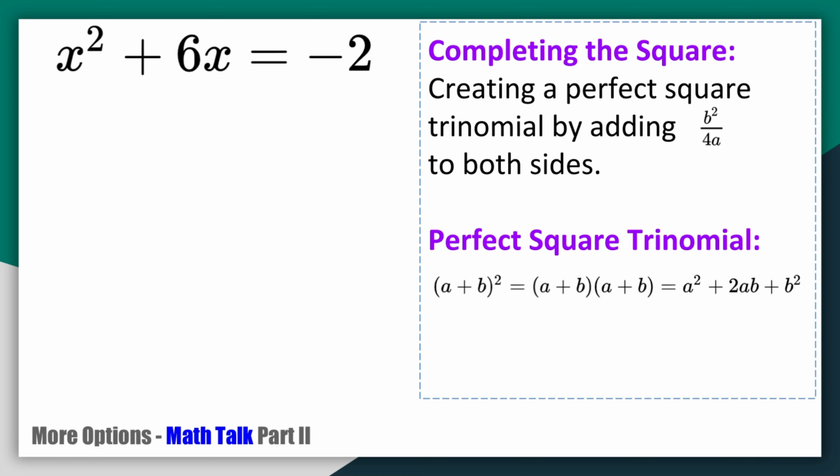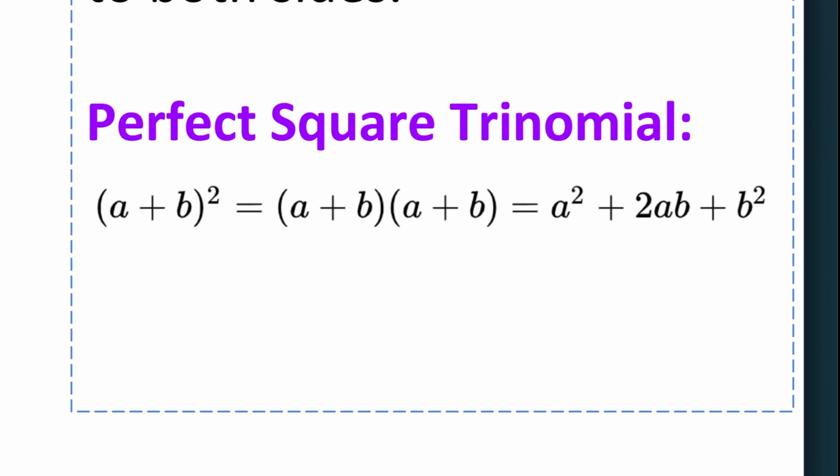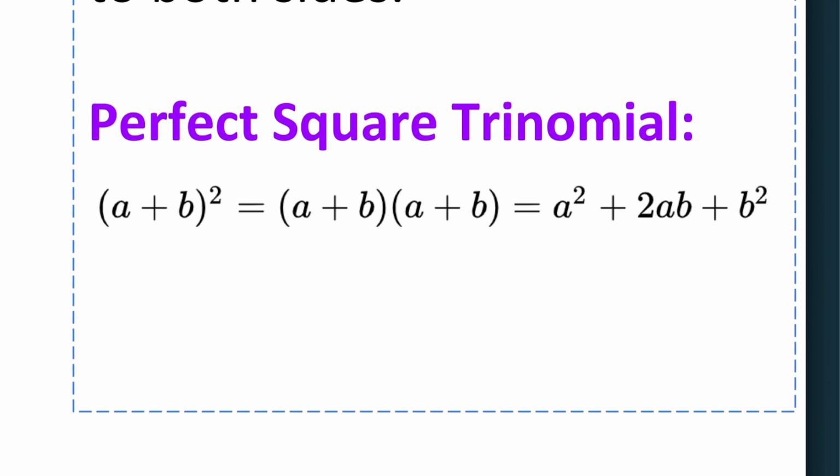So the whole point of completing the square is creating a perfect square trinomial by adding b squared over 4a to both sides. Now, what is a perfect square trinomial? A perfect square trinomial is essentially the same binomial times the same binomial.